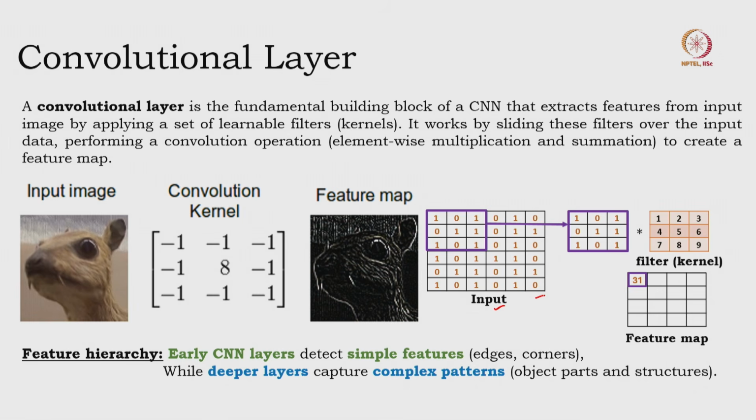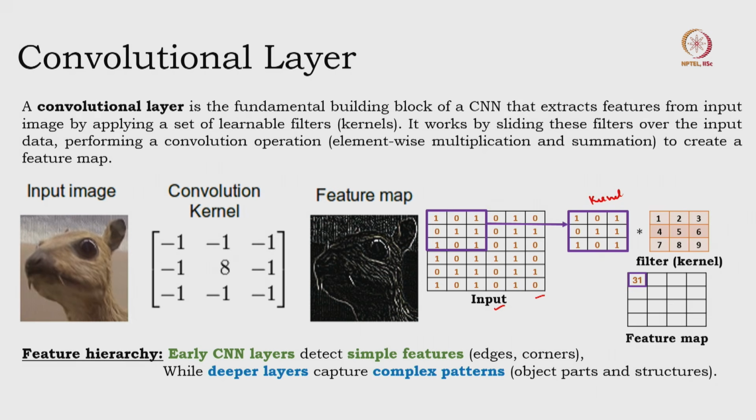Let us assume these are the matrix of pixel values. Then we require a kernel. The kernel is also called a filter. We will often interchange these words, but it is one and the same. If I say kernel, you can understand it as a filter. When I say it is a filter, it is understood that it is a kernel. So we will be interchanging these.